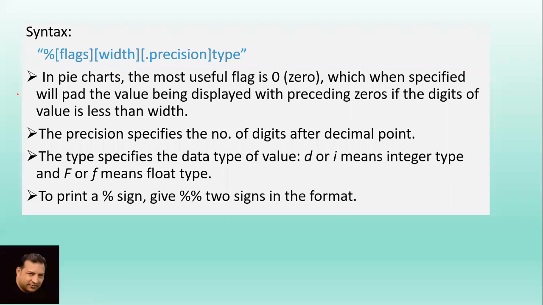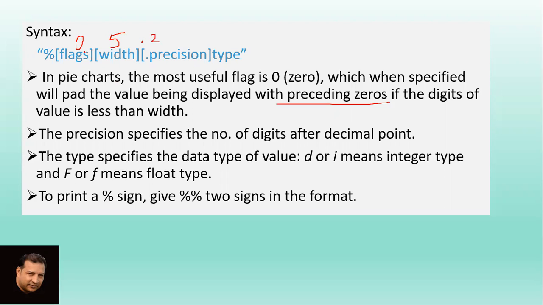Now again, some more points based on this syntax. In pie charts, the most useful flag is 0, which when specified will pad the value being displayed with preceding zeros. It means if I write the value of flag as 0, like 0, 5, width 5.2.